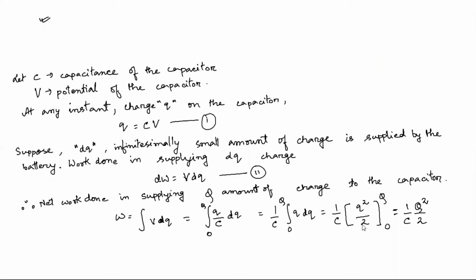So next, our work done in supplying Q amount of charge, we have got something like this: Q square by 2C. Alright. So this work done is actually stored as electric potential energy in the capacitor.